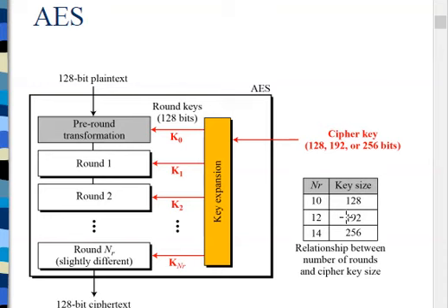Based on this key, we will obtain different subkeys for each round, from round number 1 till round number R, and finally we will get our ciphertext.